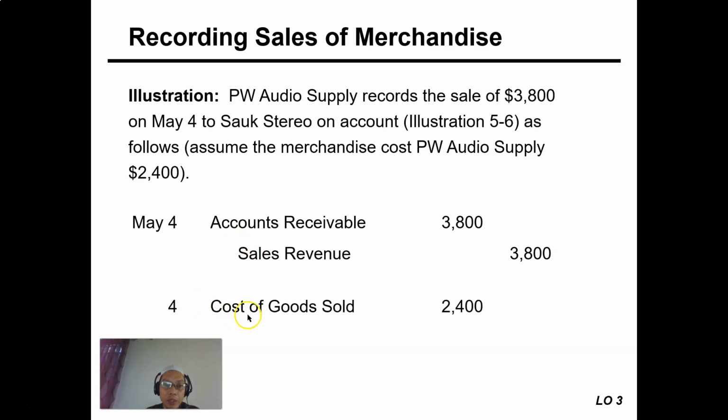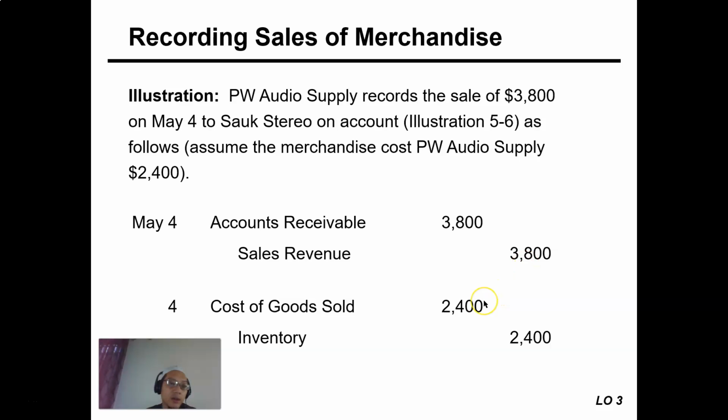So we need to debit cost of goods sold by 2,400, which is the cost for the sale, and then we need to credit our inventory account by 2,400 because our inventory has reduced by 2,400. Take note that there's a difference in the figures between inventory or cost of goods sold and the accounts receivable or sales revenue.